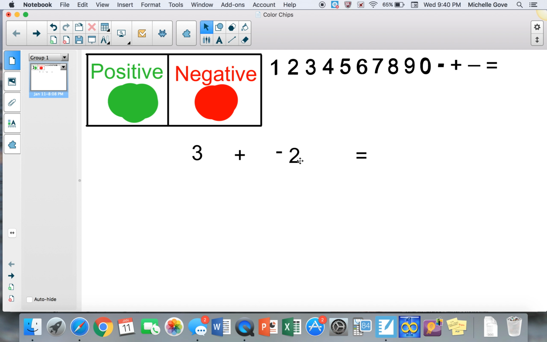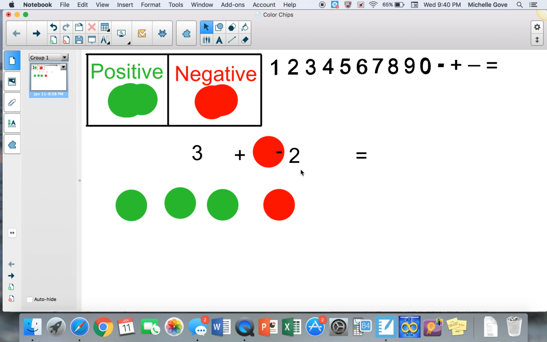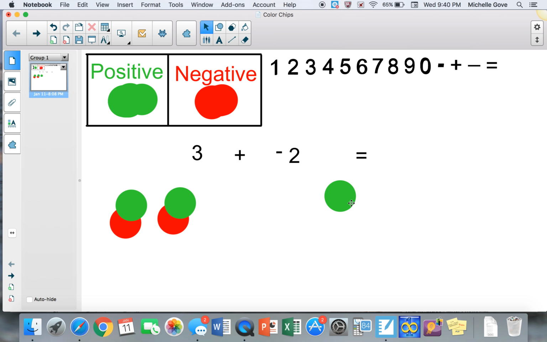So we're going to have a -2. So I have my 3 positives, the 3 cookies that already exist. I have my 2 negatives, the 2 my mom is taking away. So we're going to make our pairs here. These will cancel as a green and a red make 0, as they are opposites and additive inverses, 1 and -1. And all we're left with is 1 green or 1 positive, and so all I'm left with is 1 cookie.